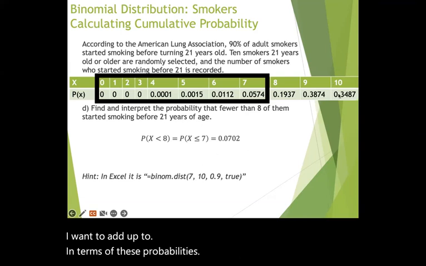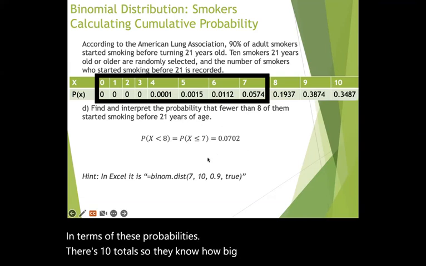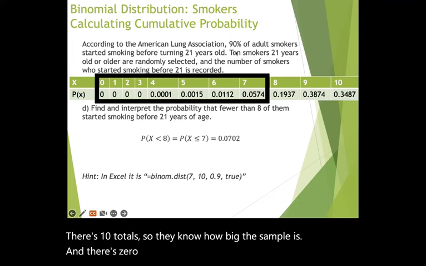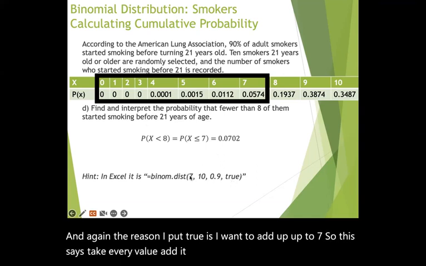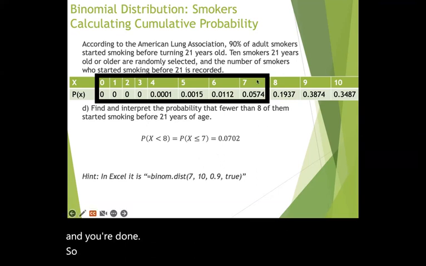There's 10 total, so it knows how big the sample is. And there's 0.9 from the 90% of adult smokers. And this time I put true. And again, the reason I put true is I want to add up to 7. So this says take every value, add it up until you get to 7, include that one, and you're done. So it will stop after it adds that value at 7.